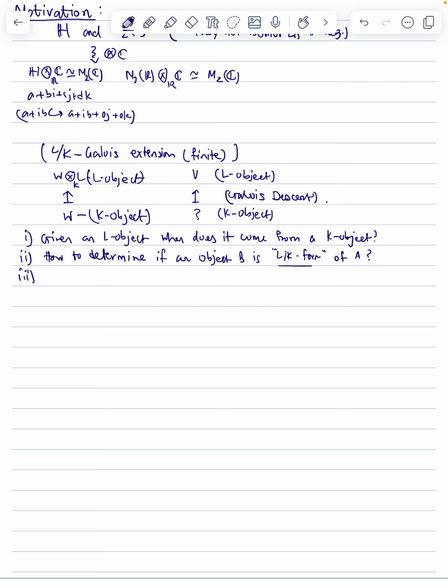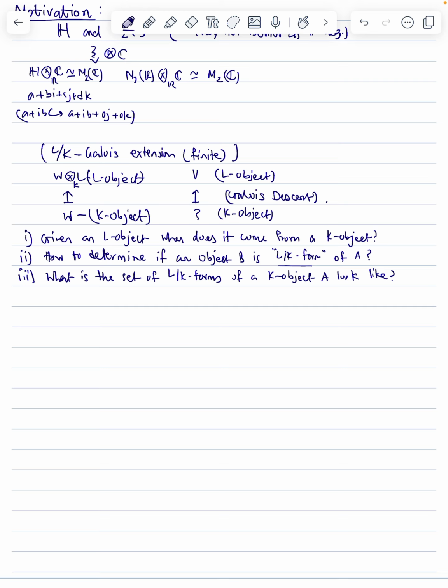Lastly, this is the most interesting question. What does the set of L over K forms of a K object A look like? That means you are taking all the L over K forms of a fixed K object A. That set, how does it look?